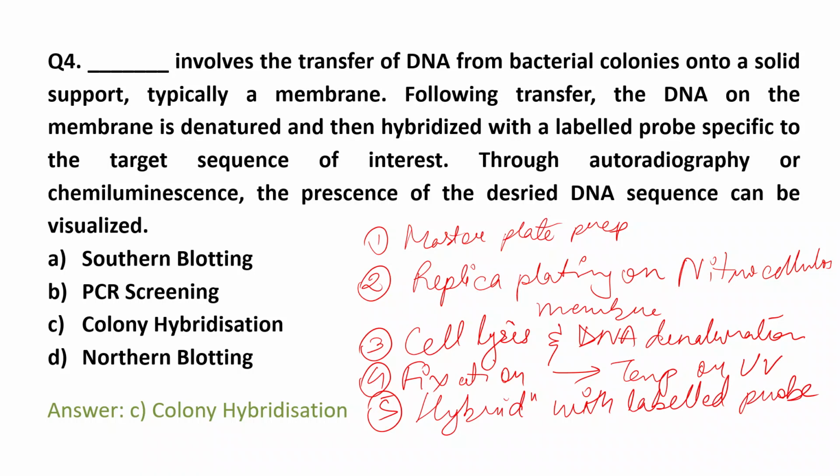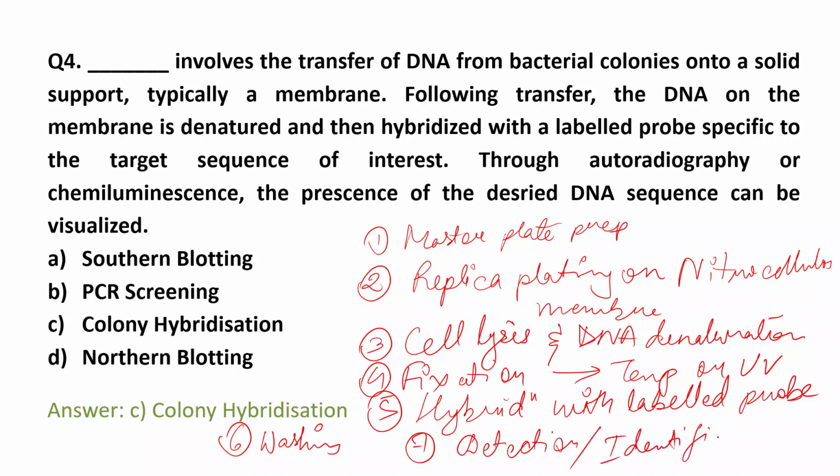The labeled probe can be radioactive, for autoradiography, or fluorescent or chemiluminescent, anything complementary to the target sequence, and then the probe can directly bind. Next step is usually washing, and then the last is detection or identification.